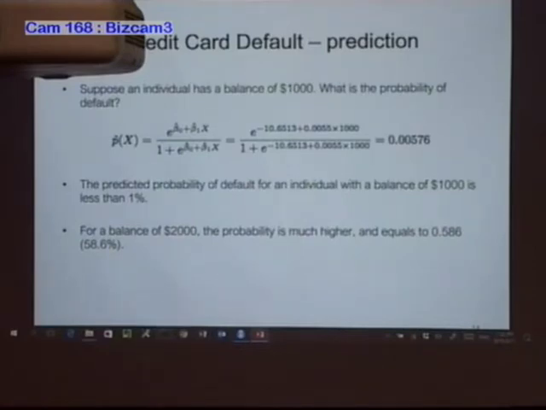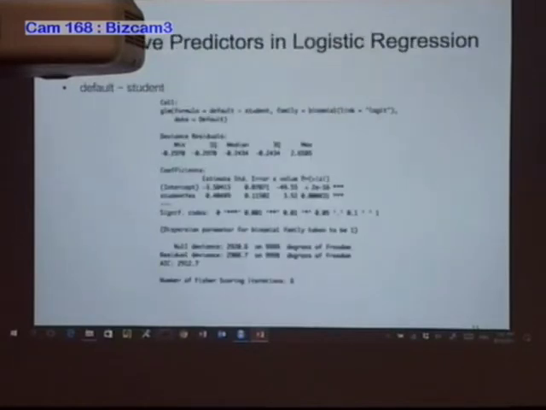There are several other variants of this data set. What are we doing here? We're doing default versus student. Earlier was default versus balance. Now we're doing student. Just quickly, let's do a quick interpretation. Student is a binary, categorical variable, yes or no. So what do we say here?